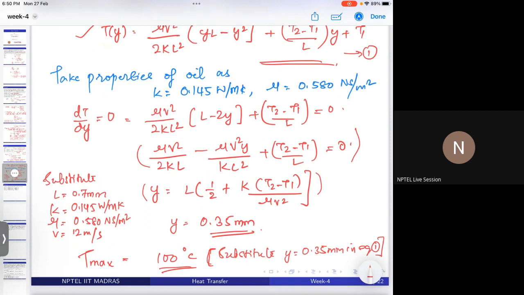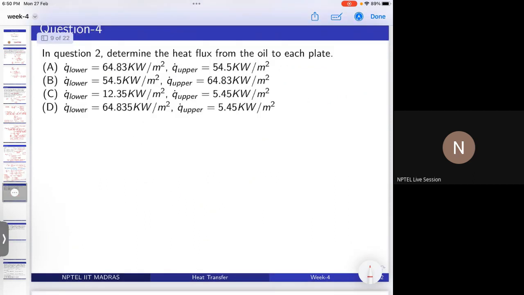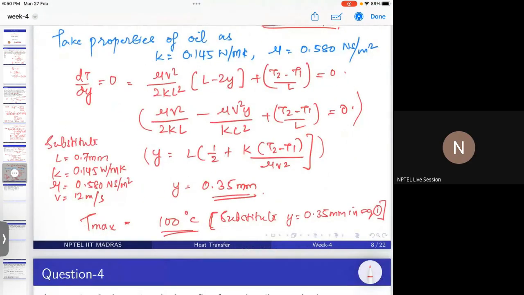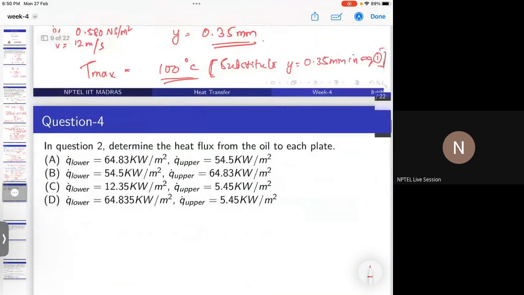Okay, so you can just verify this answer. So can we move to the next question? It's just substitution of the value. Okay, take your own time.